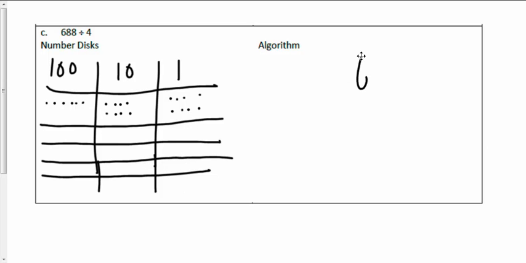And then over here, 688 divided by 4. So in my standard algorithm, I've got 600 divided by 4. Over here, I've got 600 divided by 4. That's going to be 100 in each group.